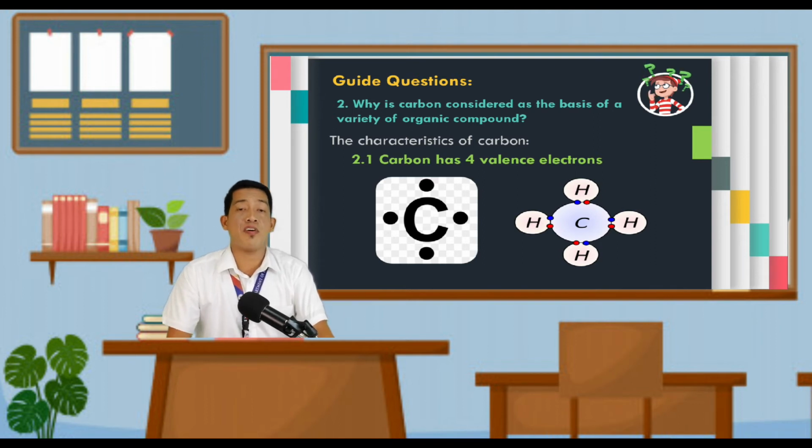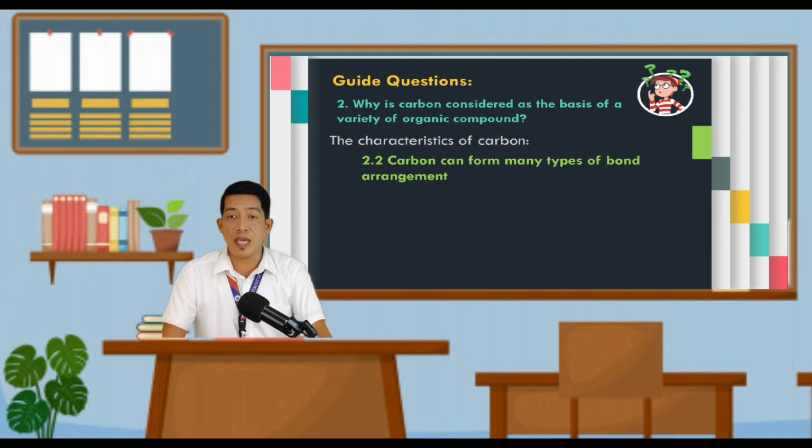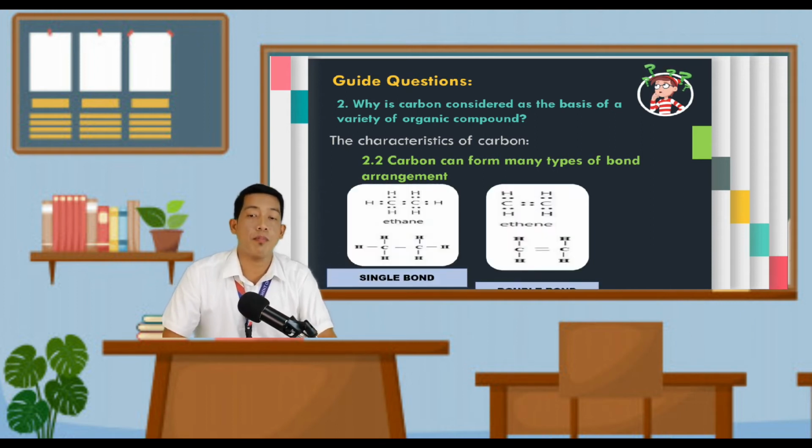Another characteristic of carbon. Number 2. Carbon can form many types of bond arrangement. Based on presentation, the figure showing the 3 types of bonding: the single bond, the double bond, and the triple bond.